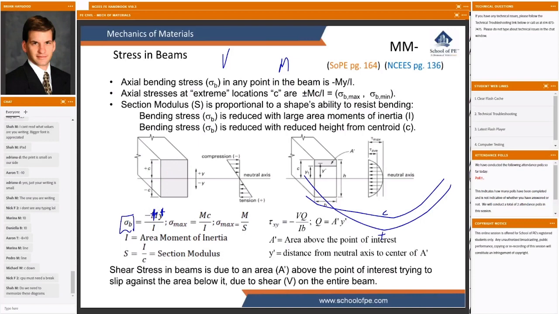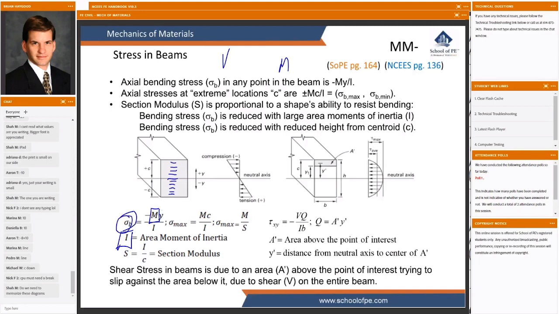So that's why there's a negative sign in that equation. That equation, negative My over I, allows you to use I as a description of how hard it is to bend this cross-section, and M, which we found from our moment diagram, to calculate the bending stress at every location from bottom to top across this beam.